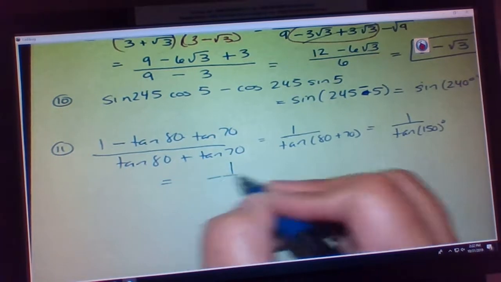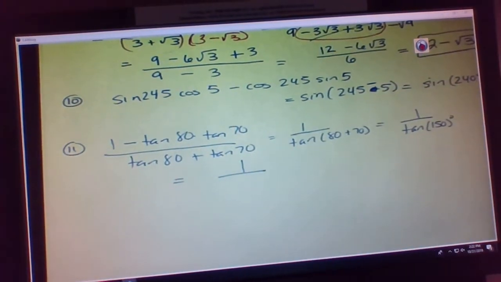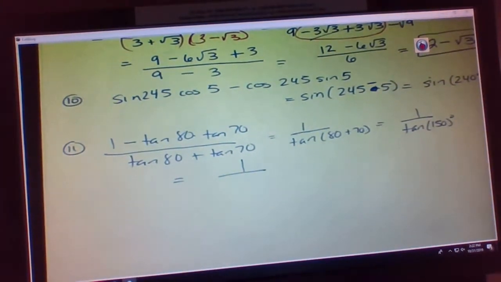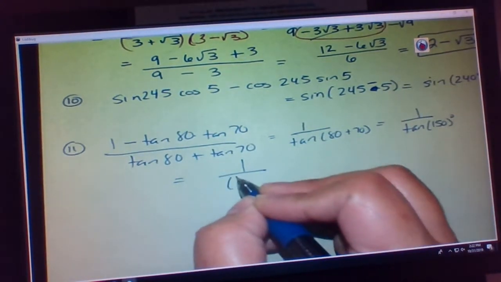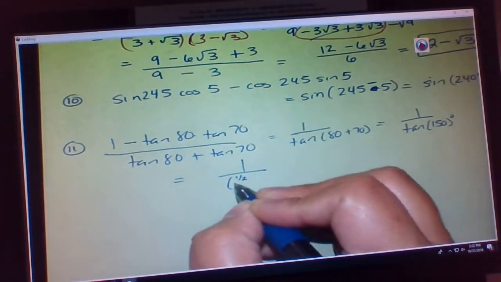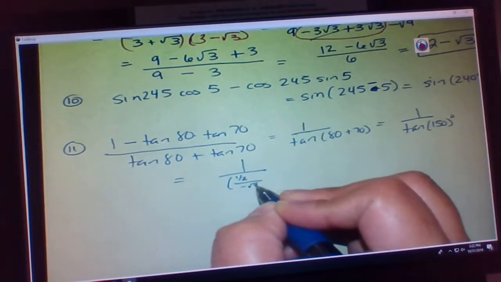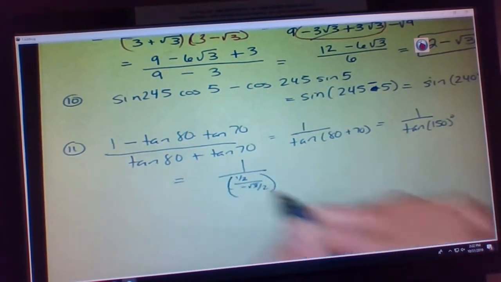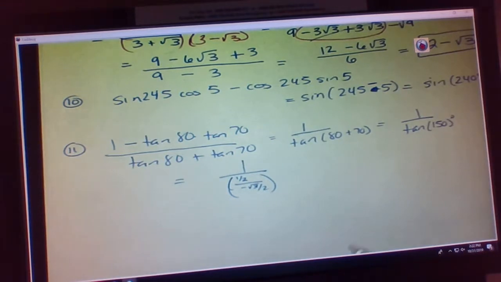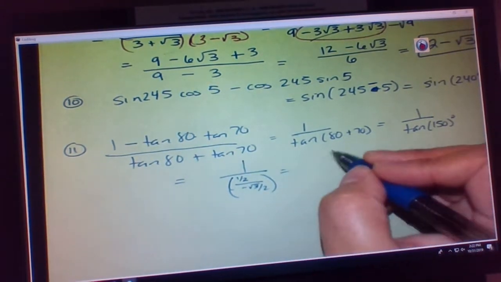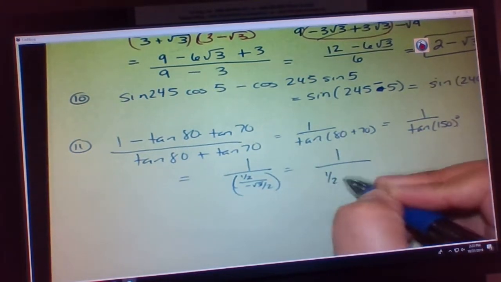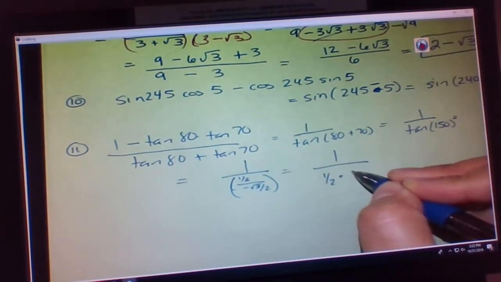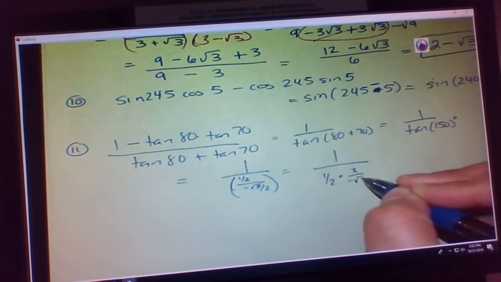So this becomes 1 over, tangent is y over x, of 150. What is my y in the 150? 1/2 over the negative square root of 3 over 2. So this is 1 over 1/2 times the reciprocal of that. 2 over the negative square root of 3.